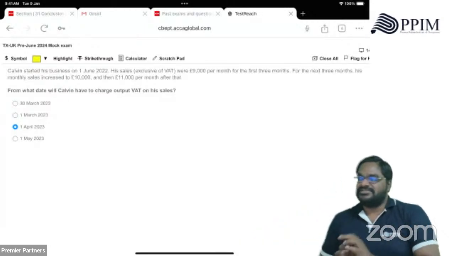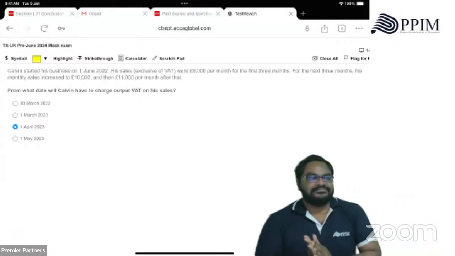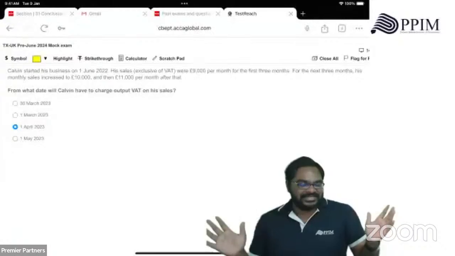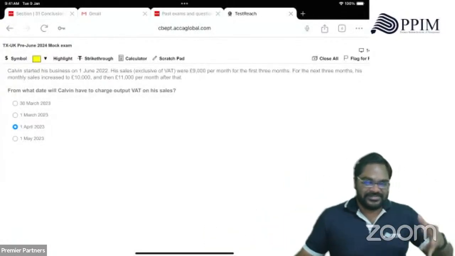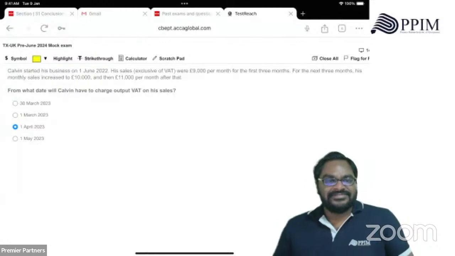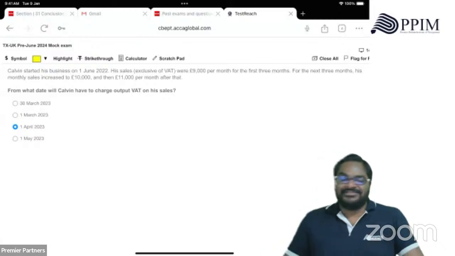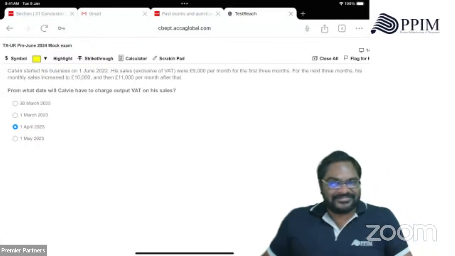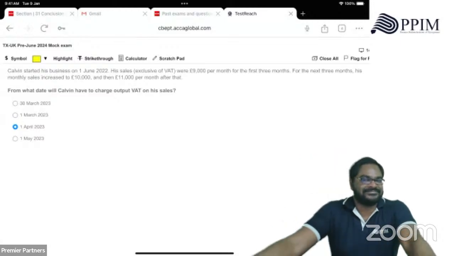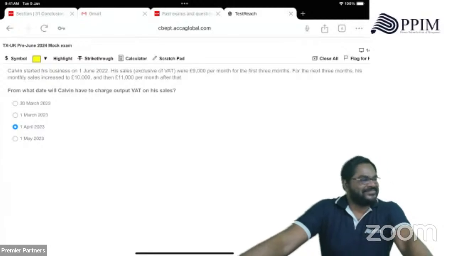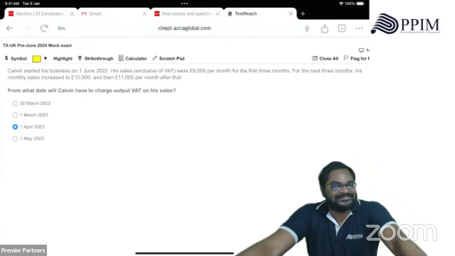So what is the threshold? When you are registering for VAT, we have 3 mechanisms. Which one are we talking about here, first of all? This has nothing to do with tax admin. So what is the threshold for VAT registration? Okay, forget about threshold.